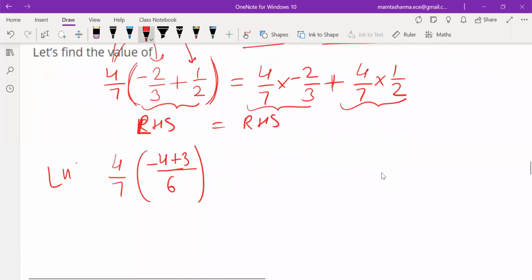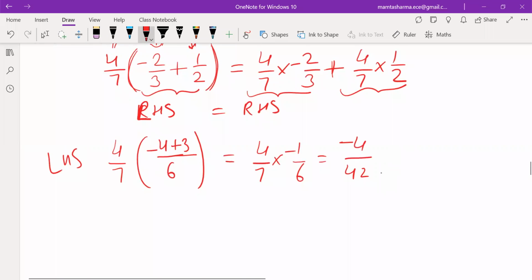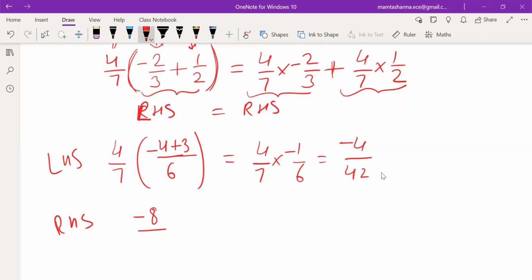LHS is 4 by 7 into minus 1 by 6, which is minus 4 by 42, correct? RHS would be multiplying these: 4 into minus 2 is minus 8 by 21 plus 4 by 14.